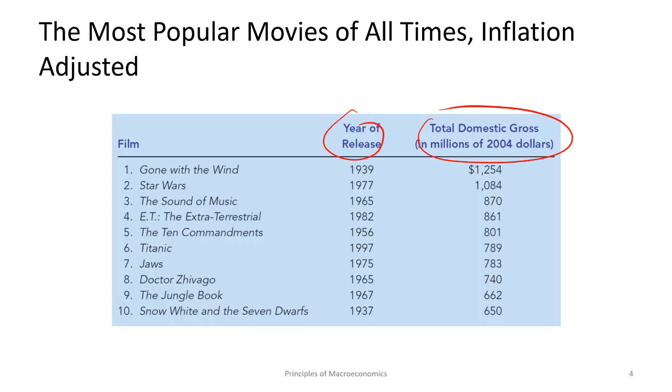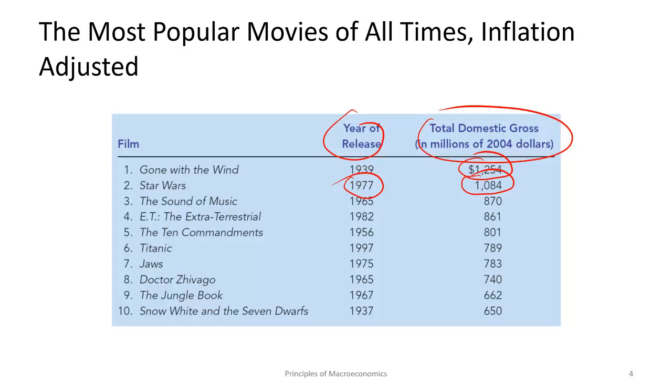And as you can see, the most popular movie ever created was from 1939, called Gone with the Wind, which in 2004 dollars would be worth $1.254 billion, which is a lot of money for a movie. Star Wars, which was released in 1977, if we convert 1977 dollars into 2004 terms, would be 1084 million, and so forth. So the all-time greatest movie ever was Gone with the Wind.